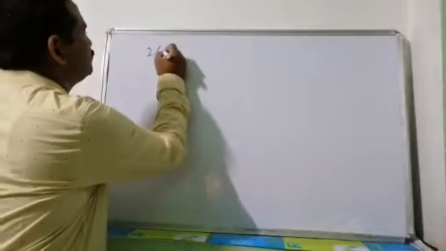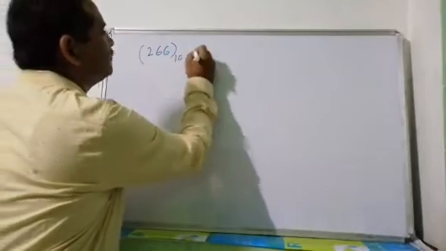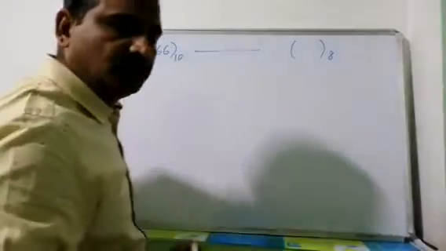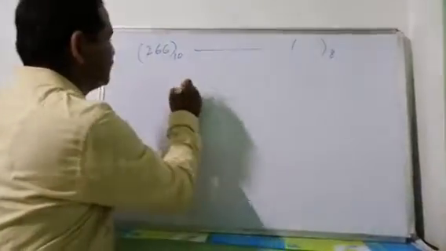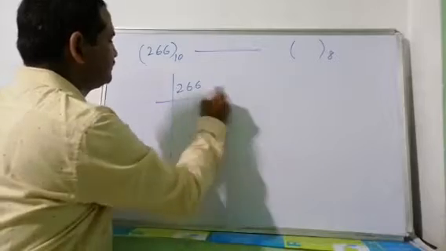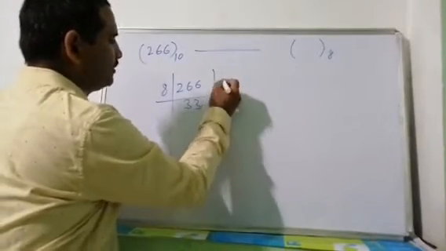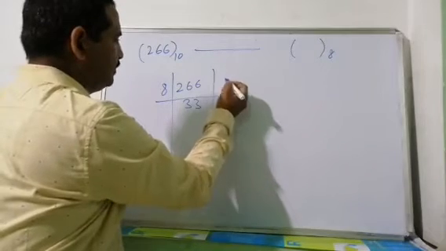So let us start with this conversion. Assume 266 decimal to octal. For that we need to divide by 8. 266 divided by 8, 33 is the quotient, and remainder will be 2.